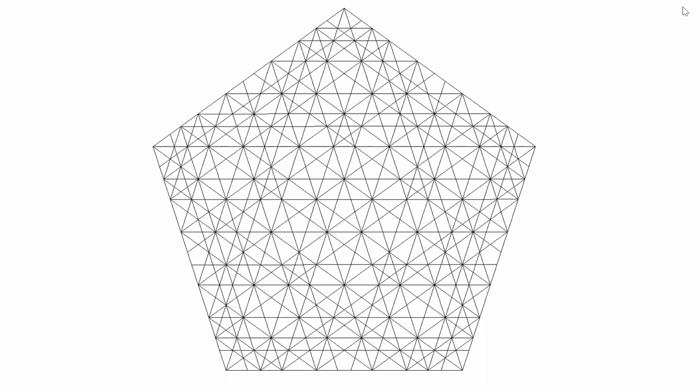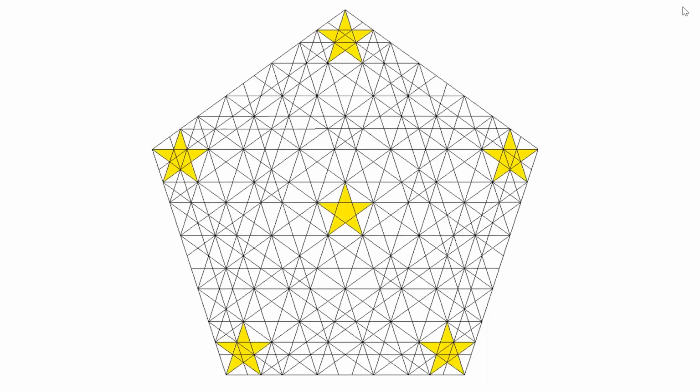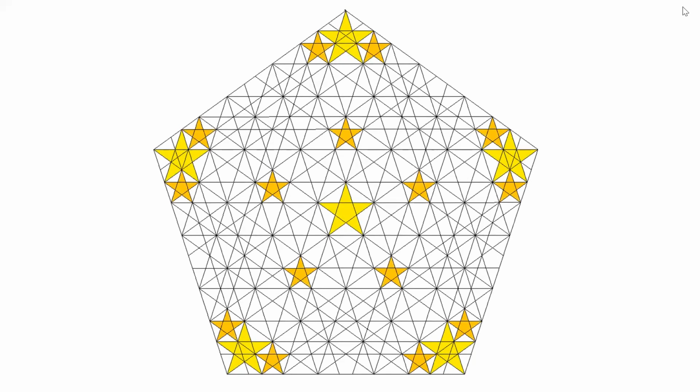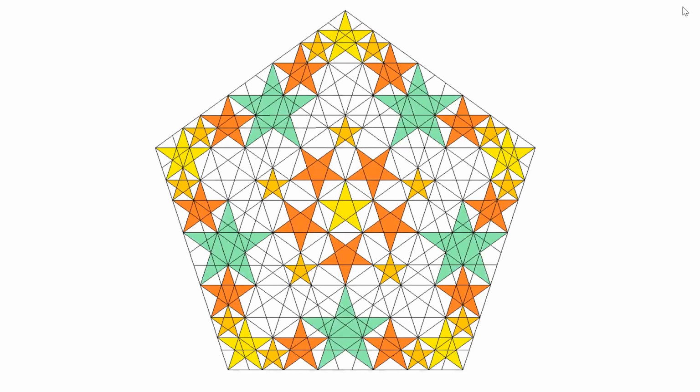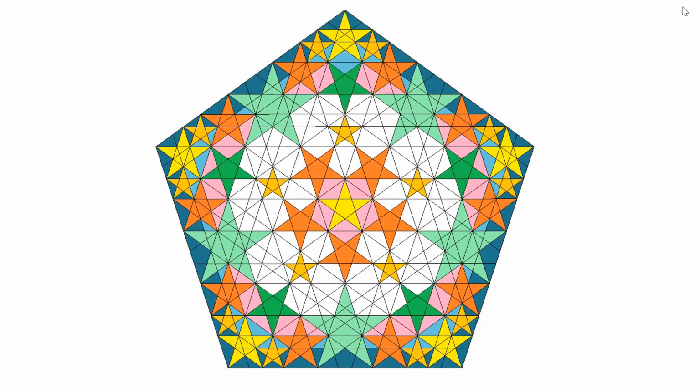So how many stars can we see in this pentagon? I've colored in these stars on the vertices in the middle, one color, and then looking for some other stars, I've made these ones a bit darker, more stars, some more stars. Then I just colored in the edges and made this diagram here.